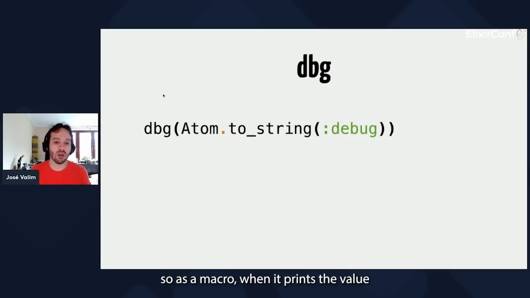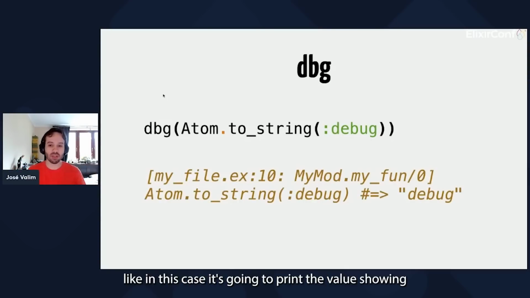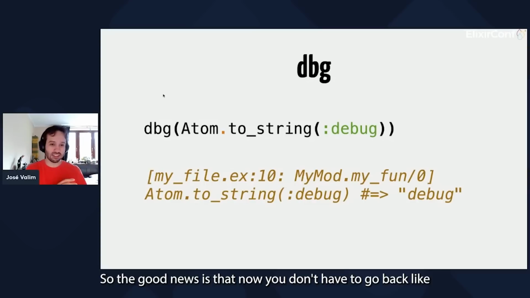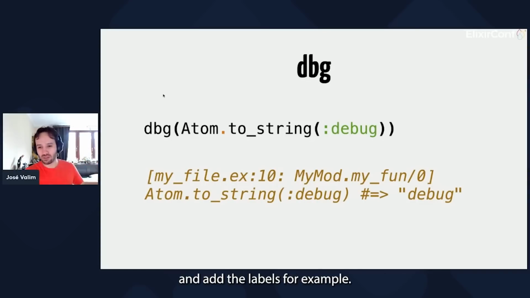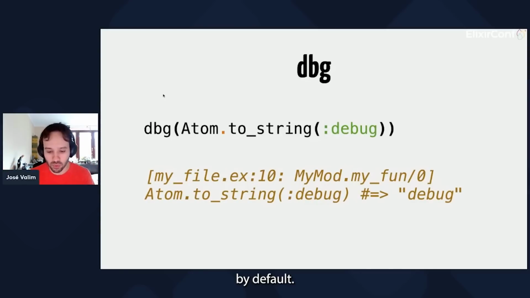So when it prints the value, it shows the file, the line, and potentially the function and the module if you're inside one. It also prints the source code that it's debugging, and the value. The good news is that now you don't have to go back and add the labels, because we are adding a lot more information by default.